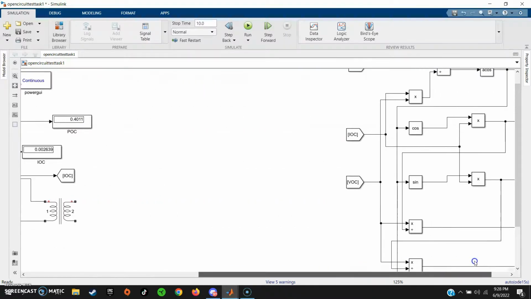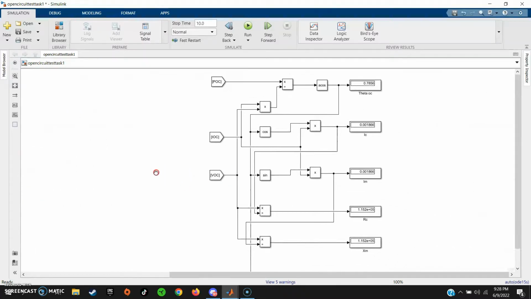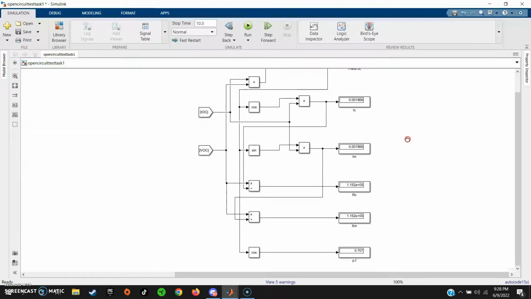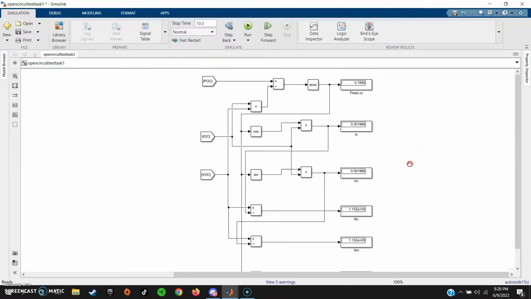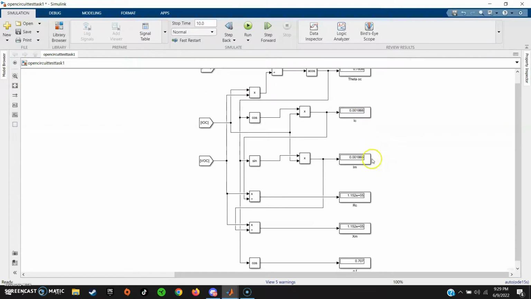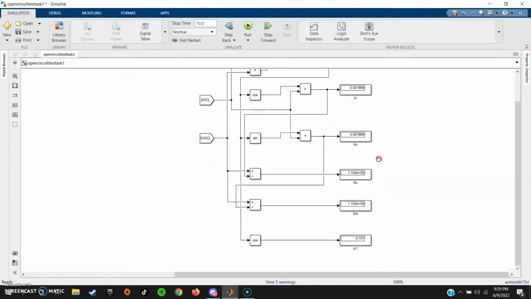Next we look at the output, which has IC, IM, RC, XM, power factor, and also theta for the open circuit. For the open circuit theta we got 0.7856, for the IC we get 0.001866, and for the IM we get 0.001866, the same value.